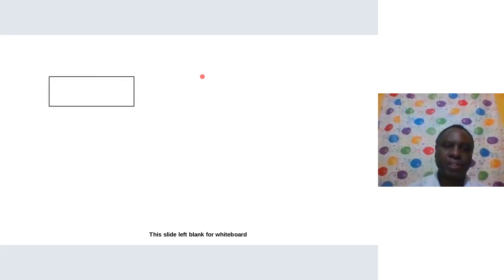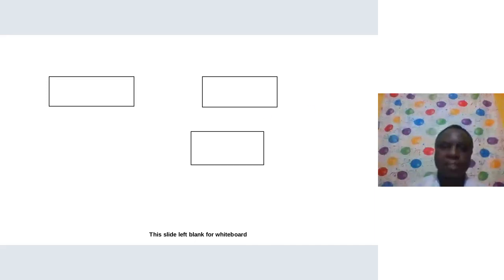Okay, so let's have three boxes for student, and lecturer, and then we also have one for program. A program is likely to be an entity in our database.